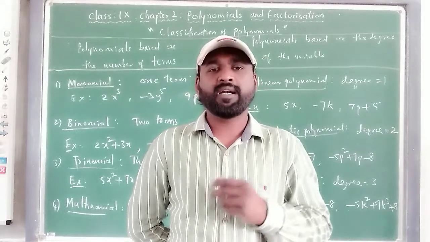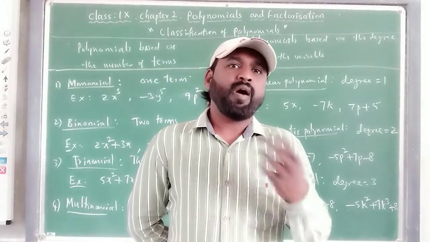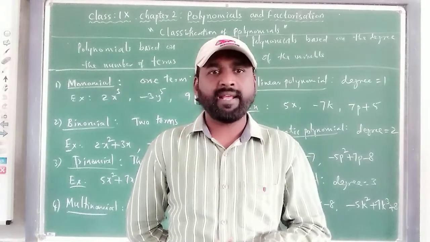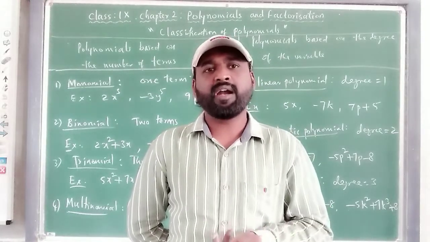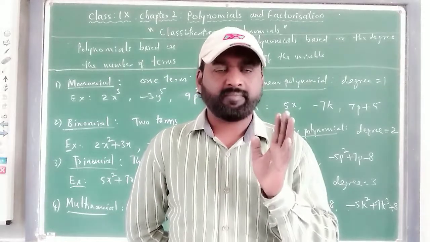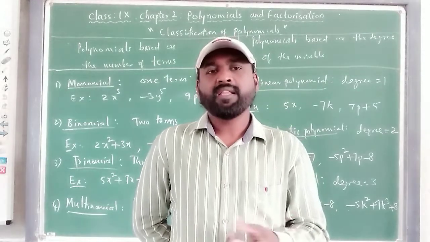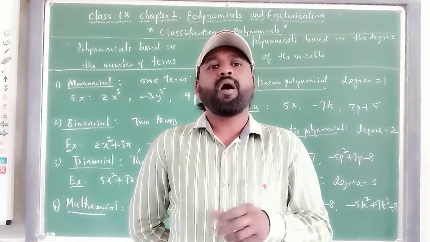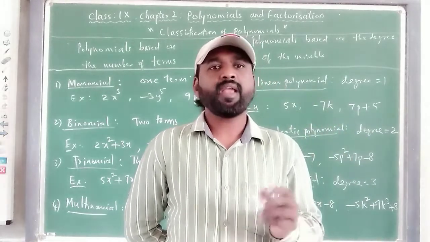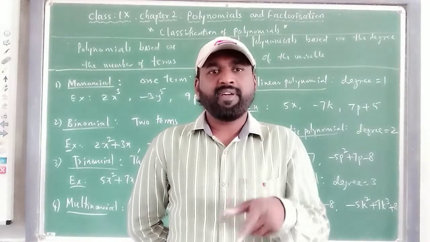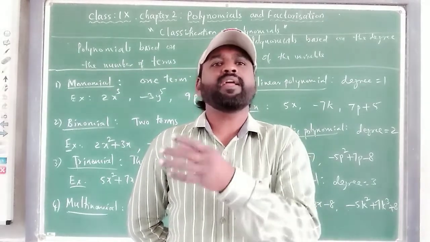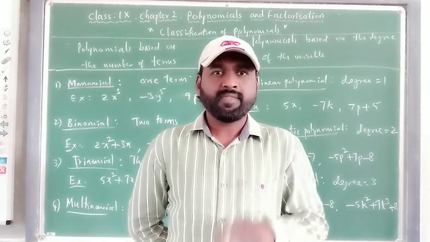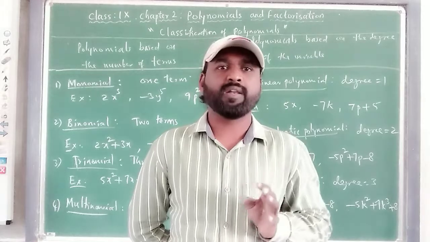Then only that algebraic expression is called a polynomial. If all the variables are x only, that algebraic expression is called a polynomial in x. If the variables all are k, it is called a polynomial in k. Only thing you need to remember: the variable's exponent should not be negative. It should be only a positive integer. Then that algebraic expression is known as a polynomial.